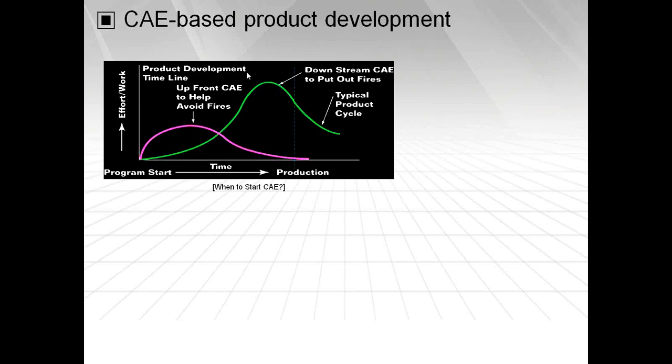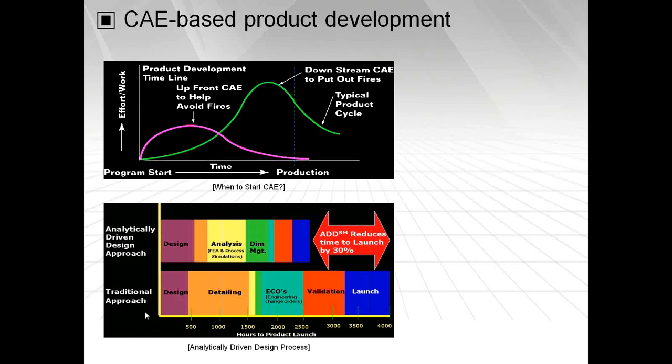This is a typical product cycle, but if you apply this upfront CAE to help avoiding the fires before they happen, the curve will actually be less steep. What I mean is that this is the effort divided by the work. So it will take less resources, so less cost, and the production of your product will be faster.